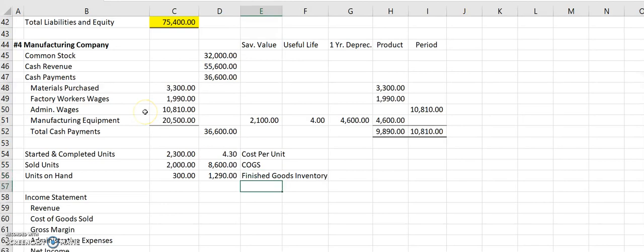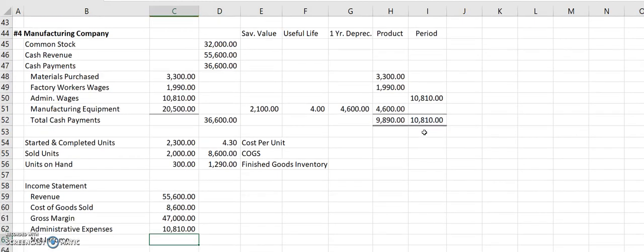Okay, so again, we're going to put together our income statement. Our revenue is still the same. Our revenue is $55,600, but now we have our cost of goods sold that we calculated up here of $8,600 that's going to come into play. So there, our gross margin is going to be our revenue minus our cost of goods sold. Our administrative expenses are going to be our period costs that we identified over here on the right.